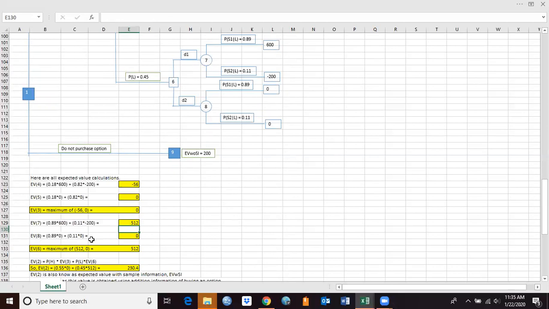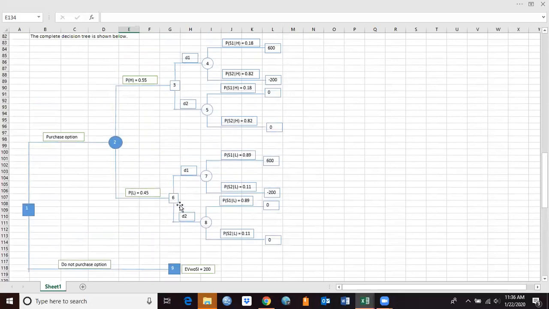The expected value at node 8 is going to be 0 because the payoffs are 0. So the expected value at node 6 is going to be the maximum expected value of nodes 7 and 8. So that's going to be 512. The max of 512 and 0 gives you a maximum of 512.